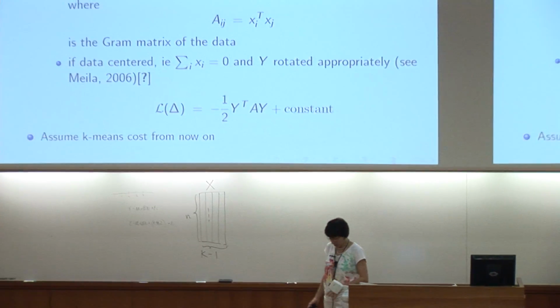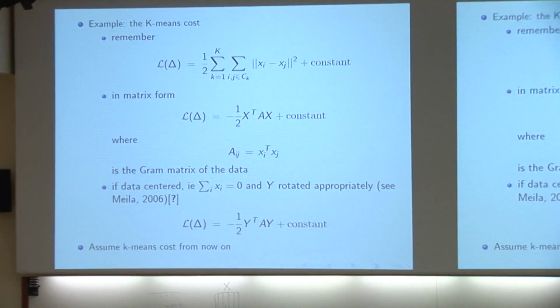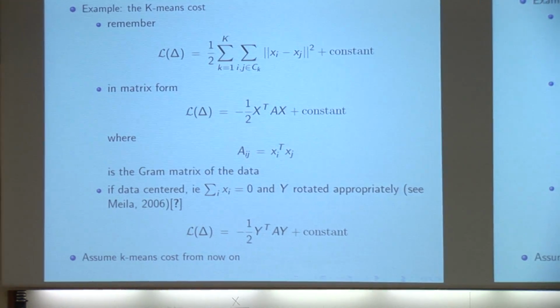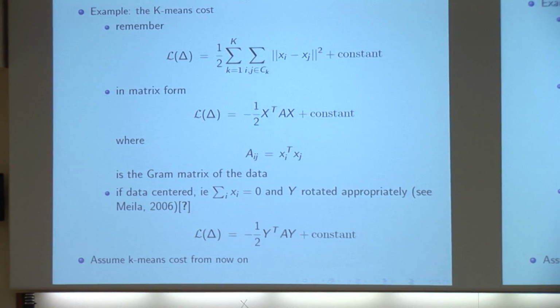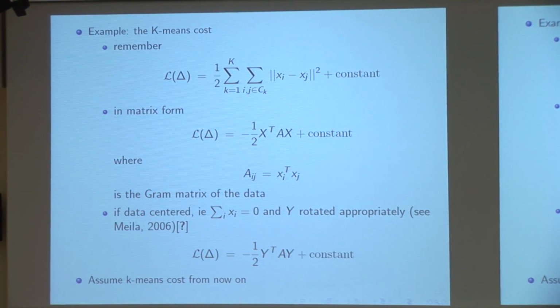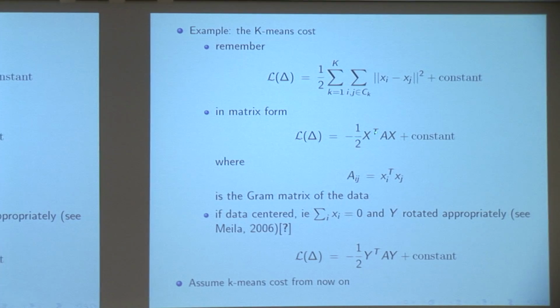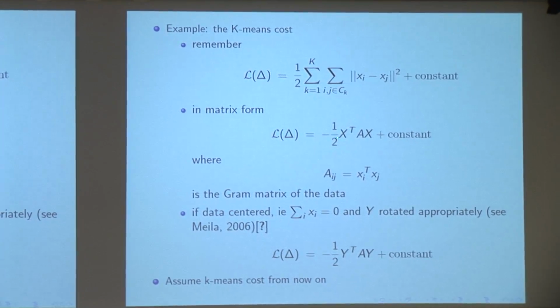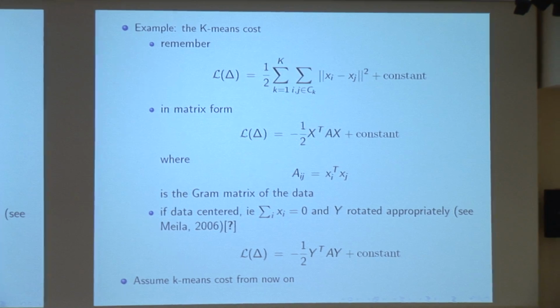And here is the k-means cost. As you remember, the k-means cost has many different formulations, and one of them is that the k-means cost is the sum of distances inside clusters. And we are going to use this formulation, and in that case, we can write the k-means cost as the form minus 1/2 x transpose Ax, where aij is basically the scalar product of two data points.